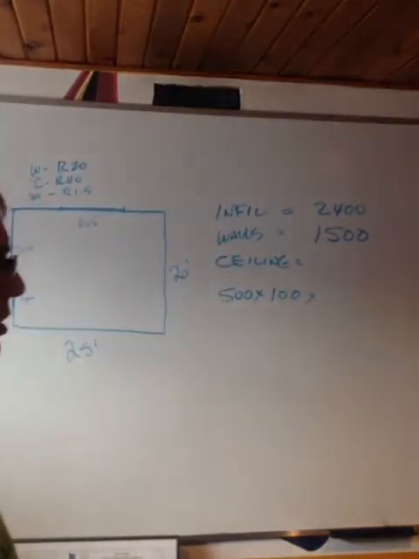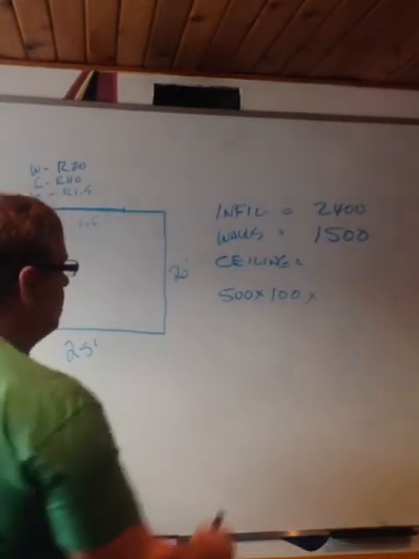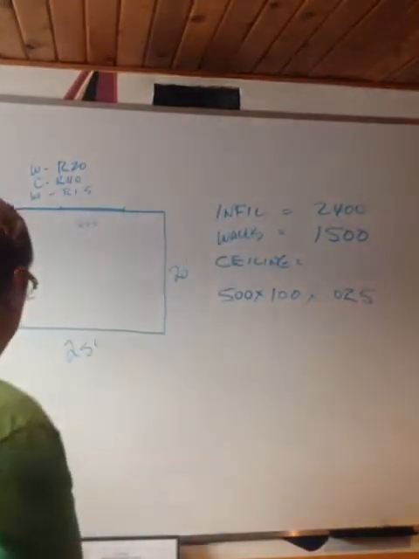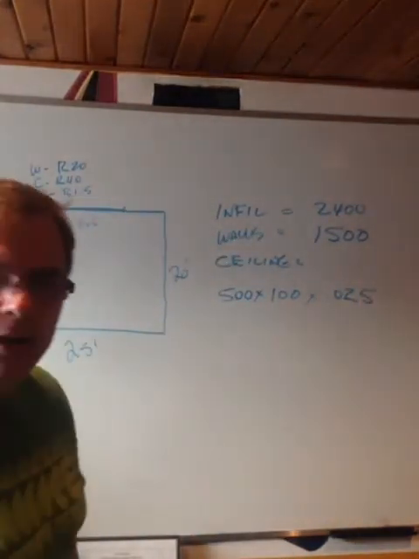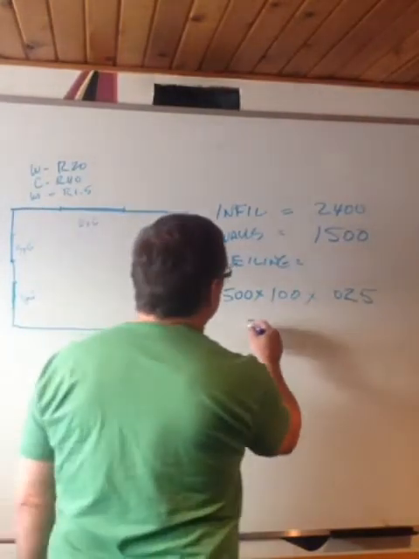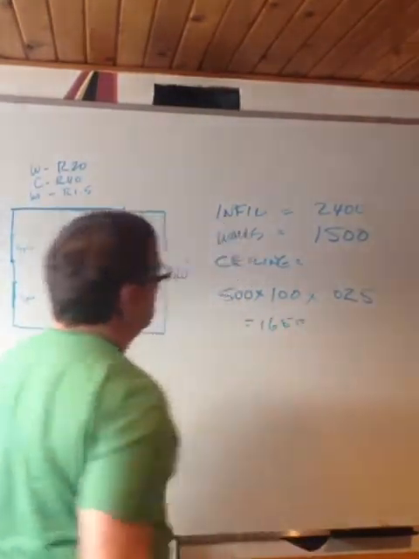I think we said the ceiling was R40, so that's a U value of 0.025. And you figure that all out, and you get a heat load of 1,650 BTUs.